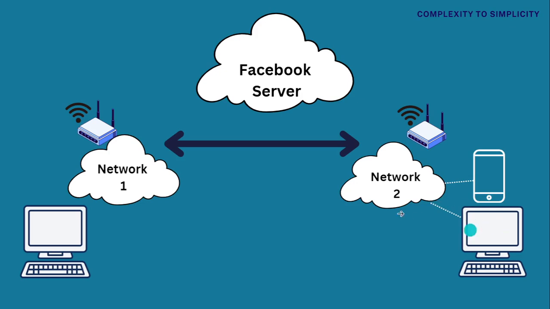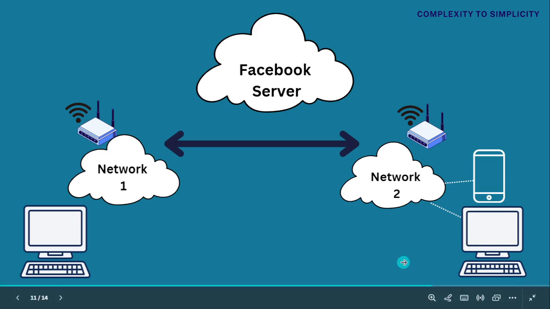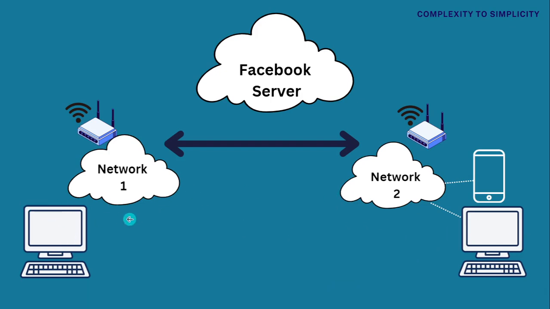So what happened? The packet that was requested from computer B needs to be delivered to computer B, right? The packet that is requested, to access Facebook, has to be delivered to computer B. Both the computers we are discussing have their own unique IP addresses, right?